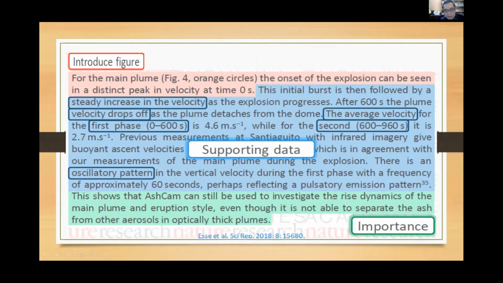Then at the end of the paragraph, you should summarize the key point of your data presentation, so that people understand what you have to tell us: you have been explaining what the data is like, and what the important point of the presentation of your data is.